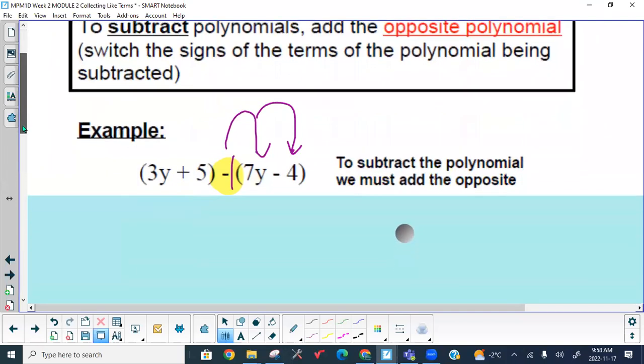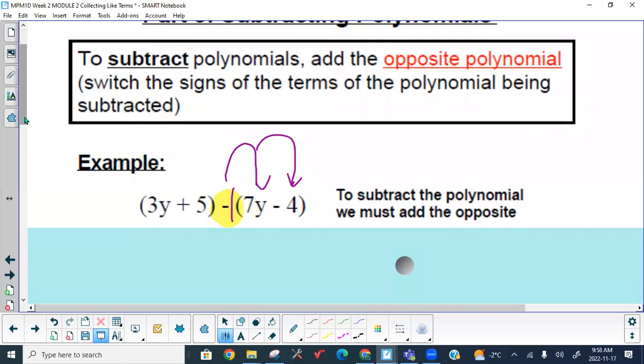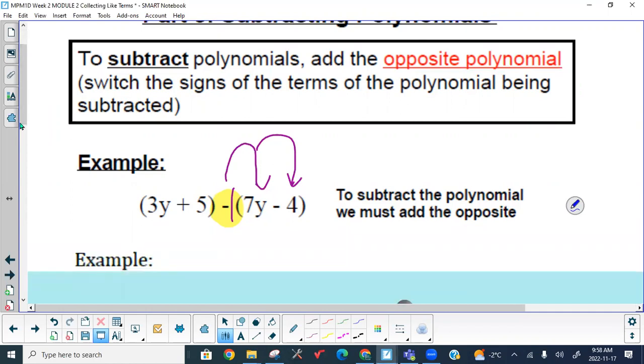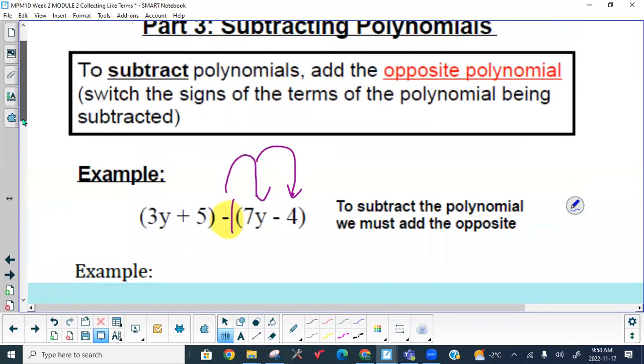Yes. So to subtract polynomials, one method, only one method, is to add the opposite. So we would switch the signs. That's what you did in Unit 5. Just to review, in Unit 5, you would turn it into an addition problem and you would add the opposite.